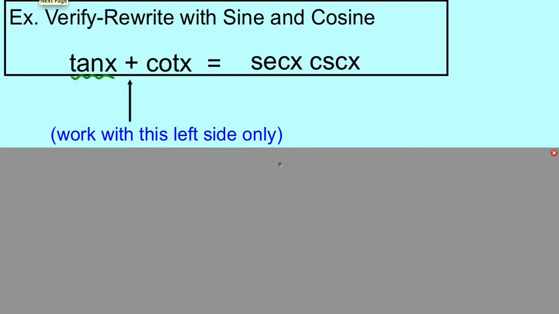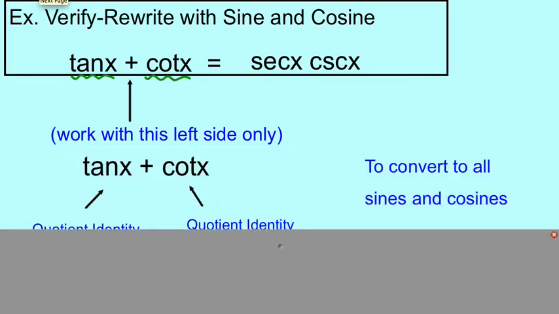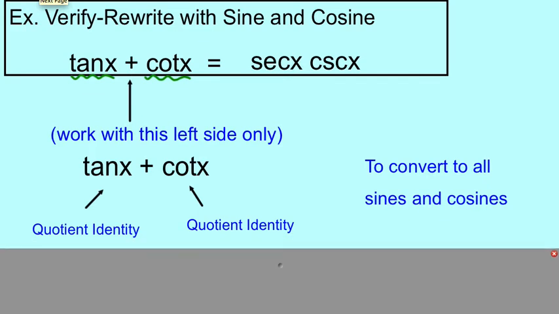So right now we have the tangent of x and the cotangent of x. Both of these can be rewritten with the quotient identity. So I'm going to rewrite that piece, and we're going to rewrite this piece also with the quotient identity.